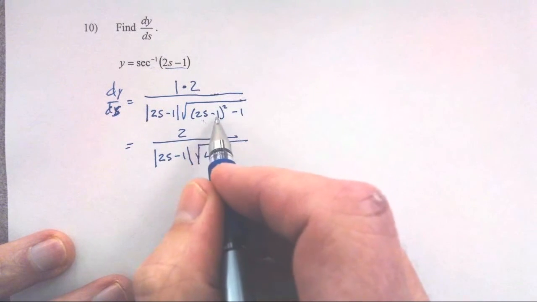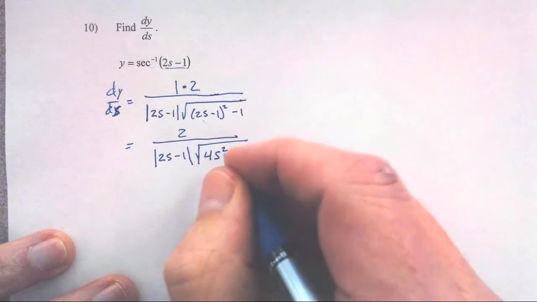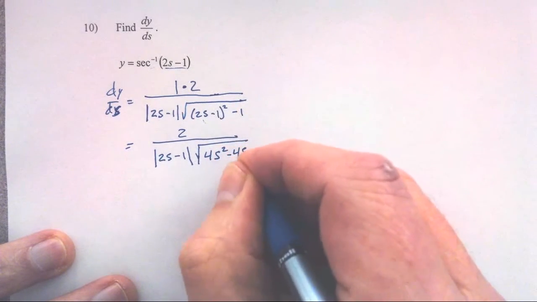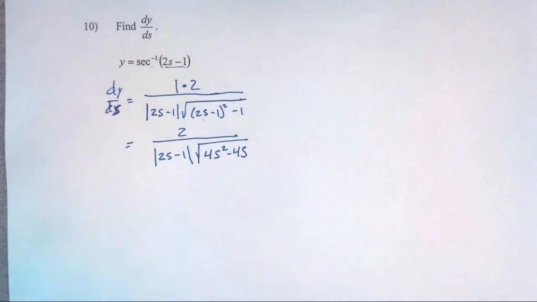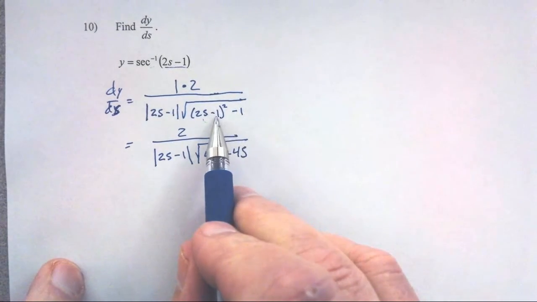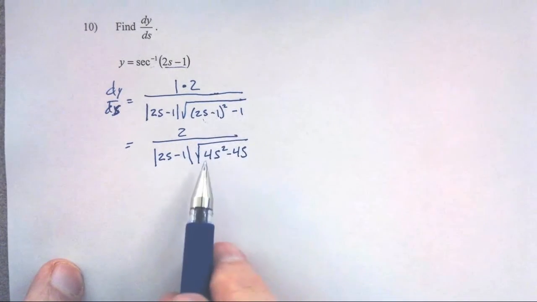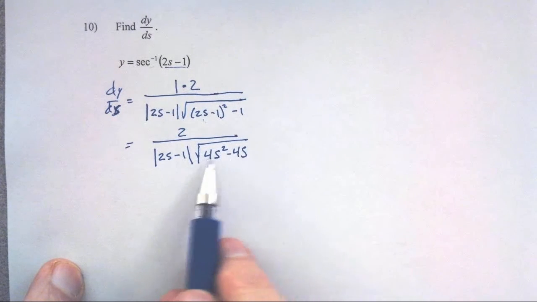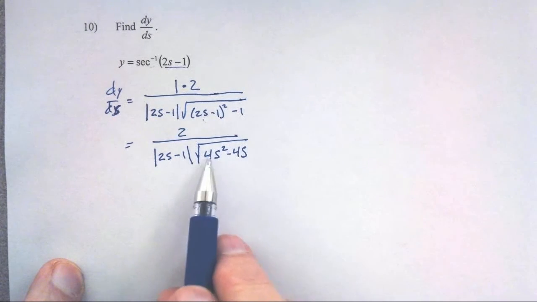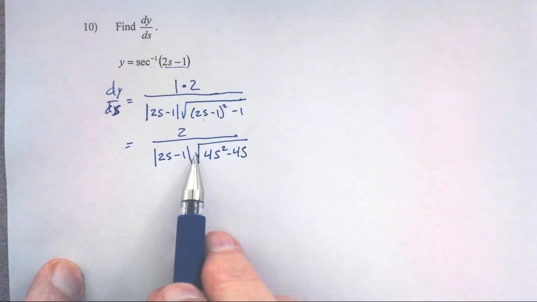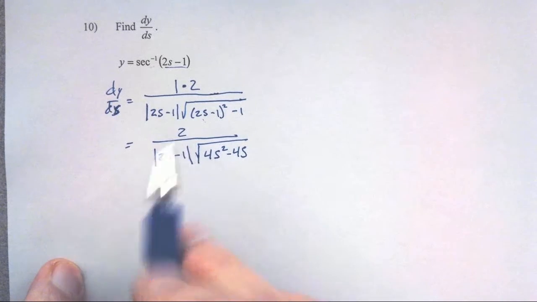In foiling, I would get a minus 2s and another minus 2s, minus 4s. I would get a plus 1, but minus 1. And now we're at a point where hopefully we're being led down the simplification highway here. Yes, I should simplify because there's a cancel there, but now I have a factor of 4, and s if you like, but most importantly I have a factor of 4 that I can pull out of this square root, and it becomes a 2, and the 2 cancels the 2.